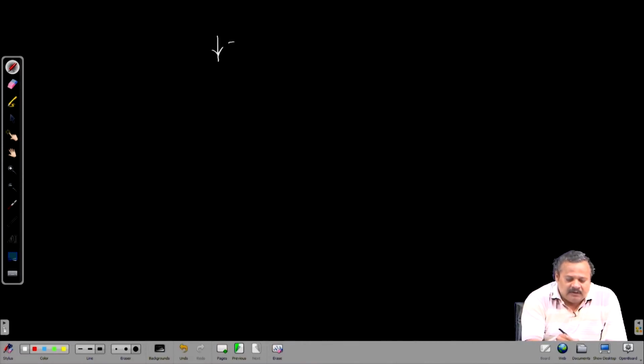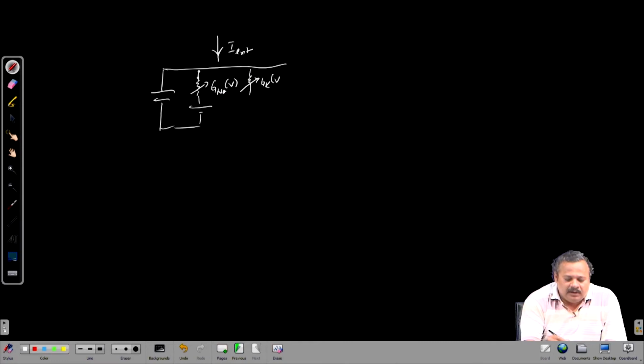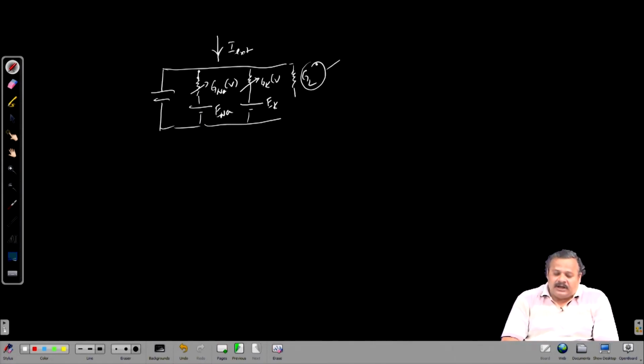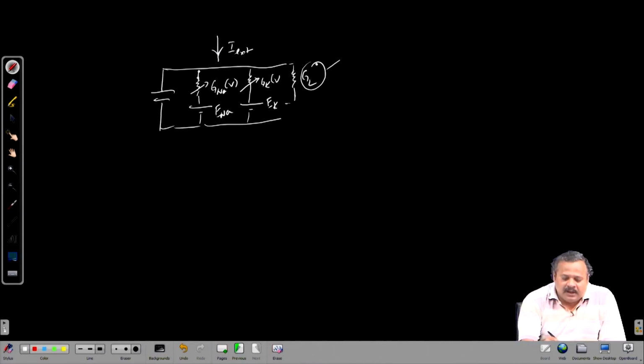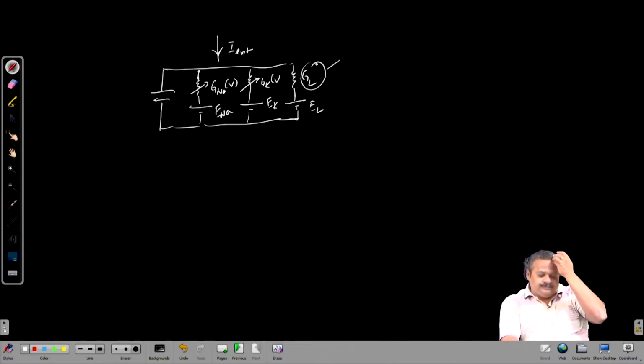we have this is our I external, we have the capacitor C, we have G_Na as a function of V followed by E_Na, then G_K as a function of V followed by E_K, and this is G leak, which is passive, not like the voltage gated conductances, and this E leak, which stops the flow of the ions along that branch.